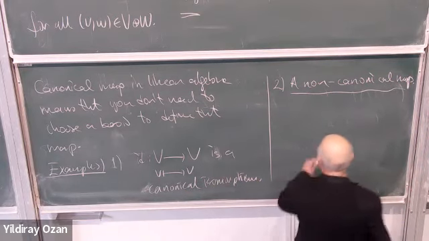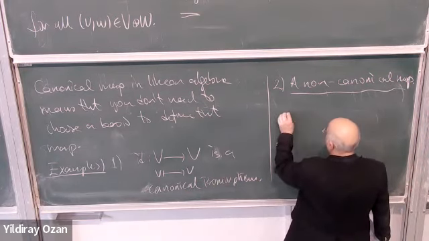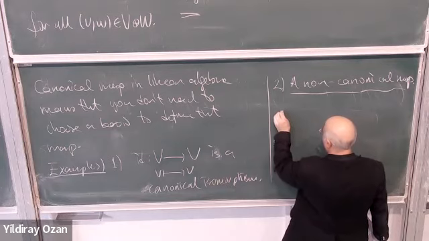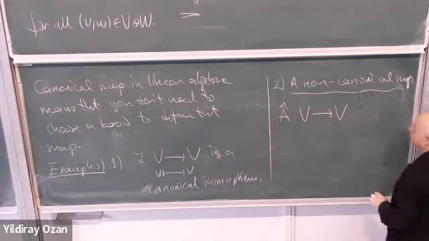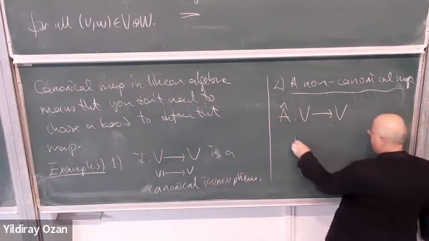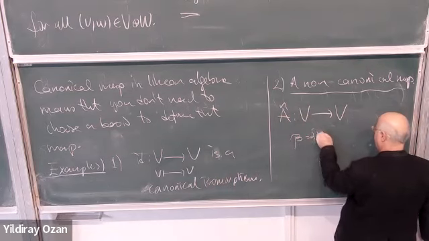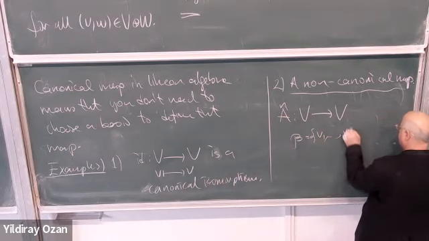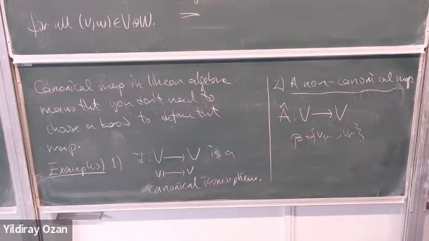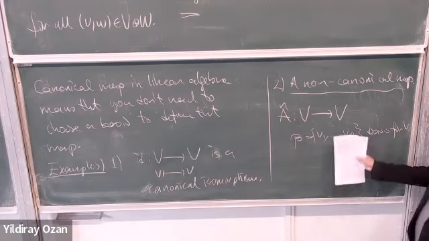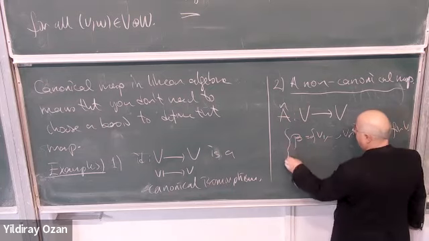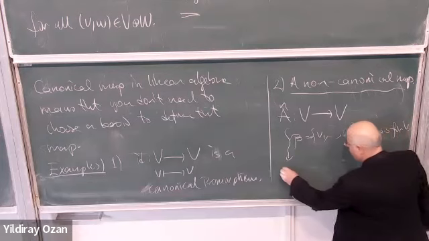So, if A hat is a linear map from a vector space to itself, and if you are given a basis, let's say, basis of n elements for V, then to this map, we can associate a matrix, right?